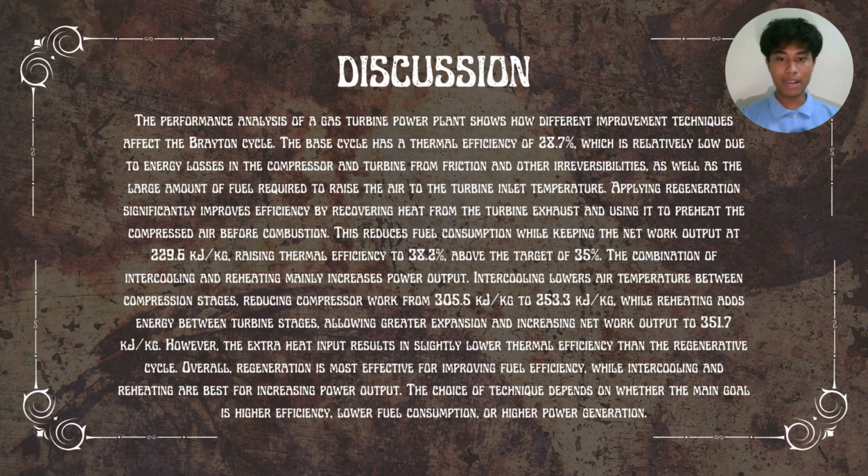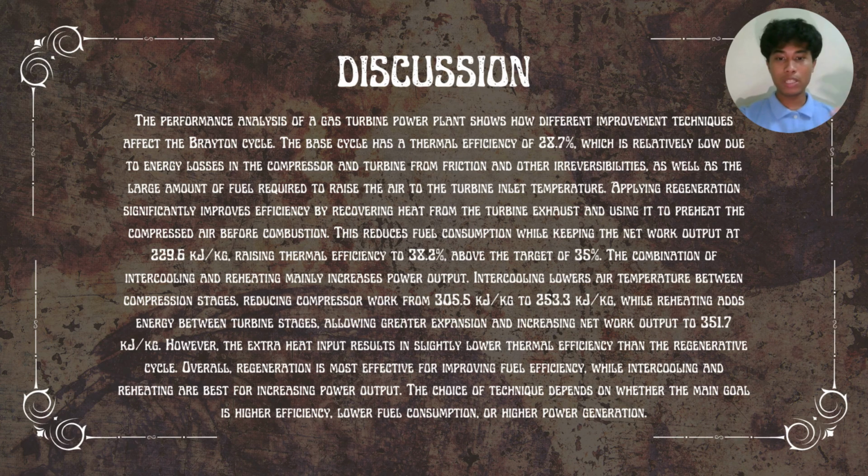As a result, less fuel is needed to reach the desired turbine inlet temperature, even though the net work output remains the same at 229.6 kilojoules per kilogram. The thermal efficiency increased to 38.2%, which is higher than the target efficiency of 35%. This shows that regeneration is very effective in improving fuel efficiency.